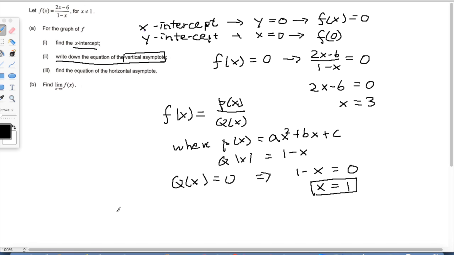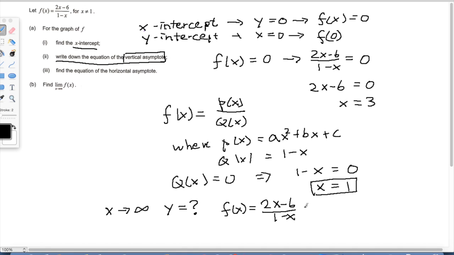When we look at the horizontal asymptote, we are looking at the values of y when x becomes very large. So if we look at f(x) here, there is a trick if you can use your calculator: (2x minus 6) over (1 minus x).